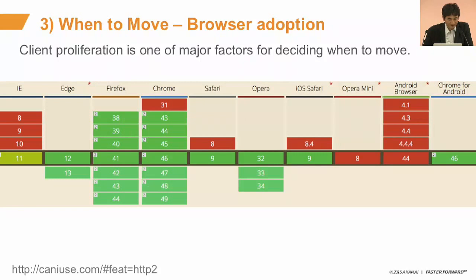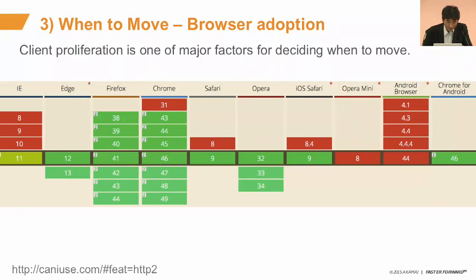If you are running Internet Explorer on Windows 8, then it doesn't work for HTTP2. So other than Internet Explorer, almost all major browsers are now ready for HTTP2. But the real question is what percentage of the actual consumers accessing the web server are ready.